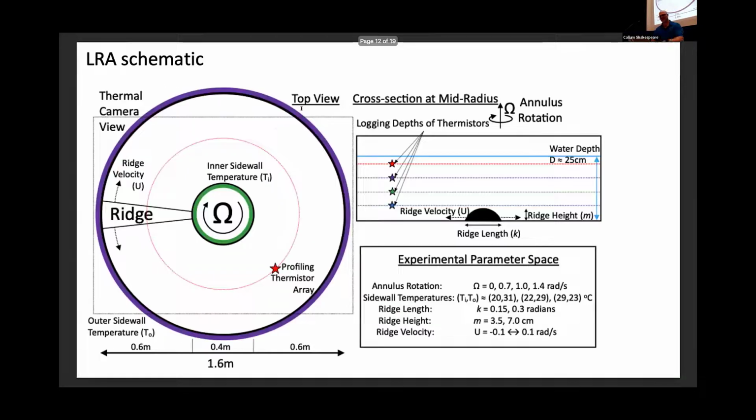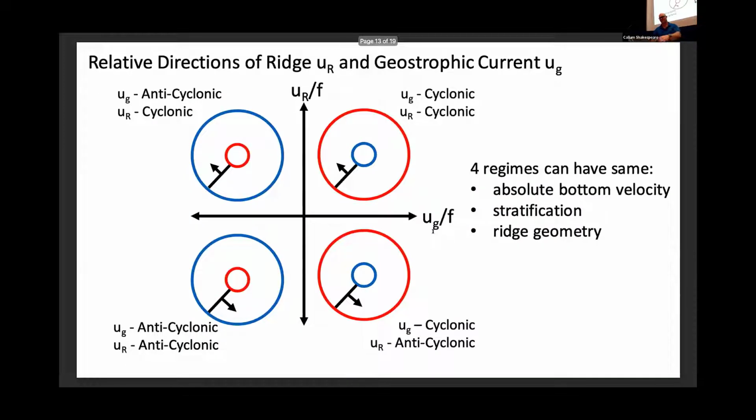So we can rotate the ridge cyclonically or anticyclonically, and we can have the thermal forcing. So that's cyclonic as the top and anticyclonic as the bottom. So that's the direction we're rotating the ridge. And then the direction of the geostrophic current depends on the direction of the thermal gradient across the tank. And so that can be cyclonic or anticyclonic. And so that's whether it's right or left here. So these give us 4 regimes.